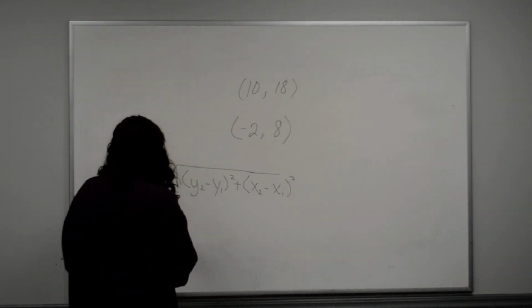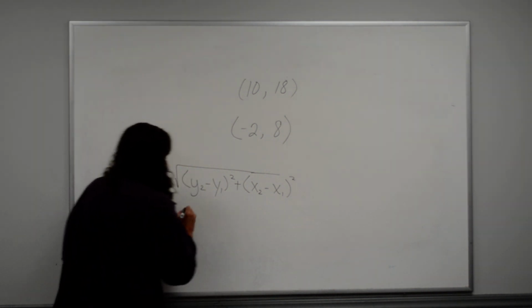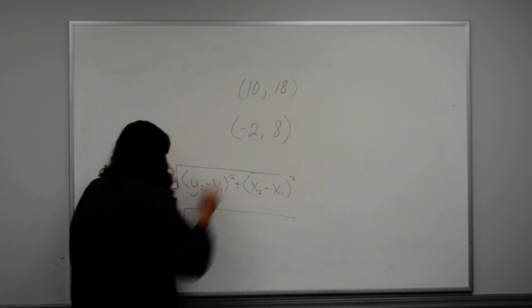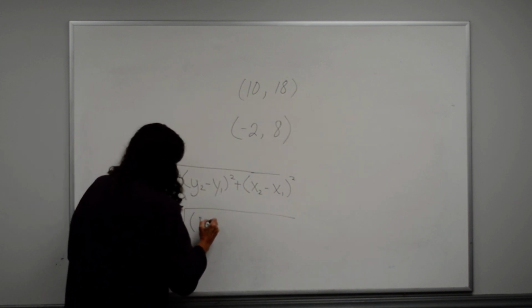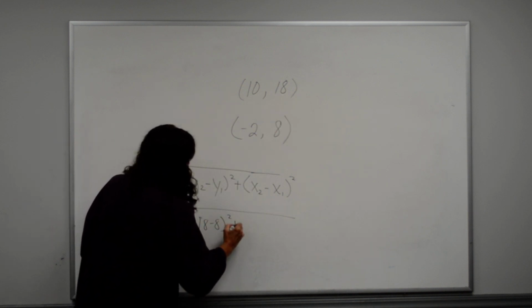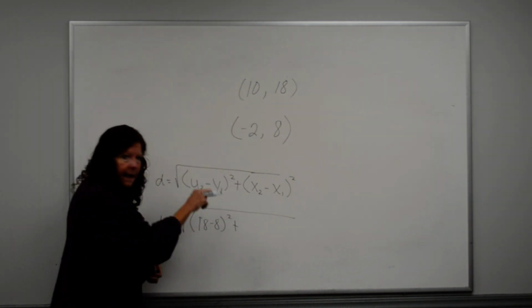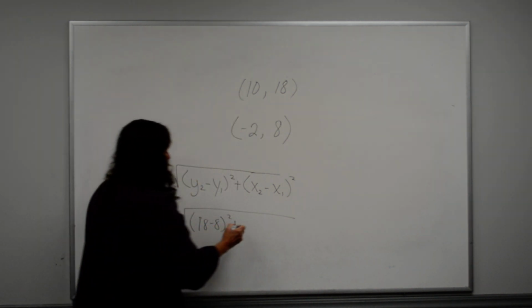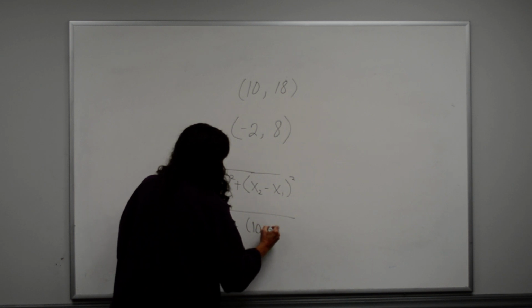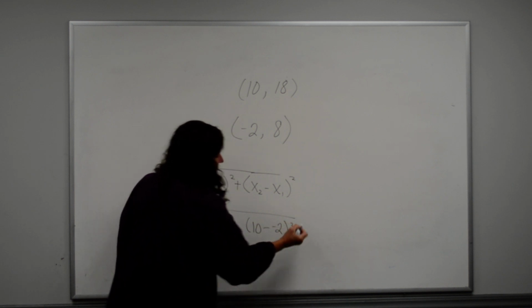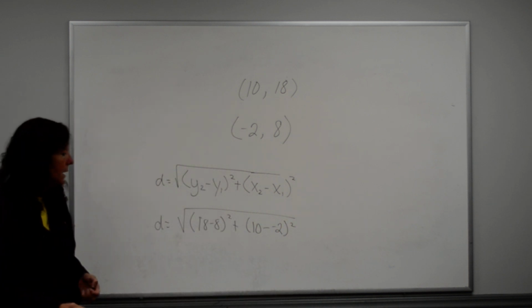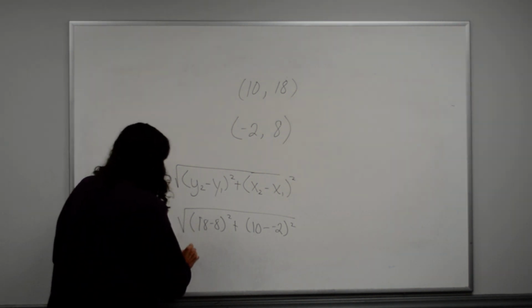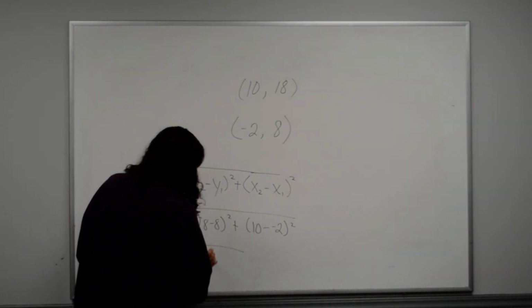So if I were going to do this problem right here, I would say 18 minus 8 squared plus 10 minus a negative 2. Don't mess up on that. 10 minus a negative 2. So sometimes you've got a double negative, which is going to make it a positive. So this is going to be 10. 10 squared is 100.